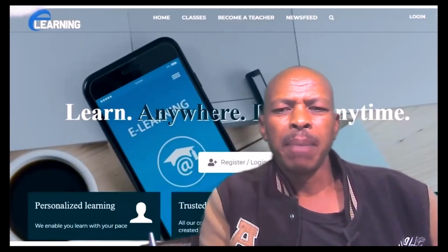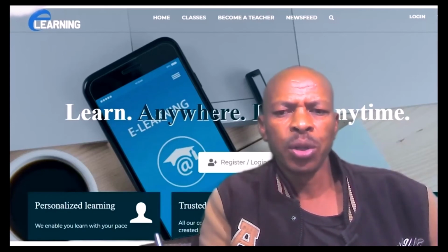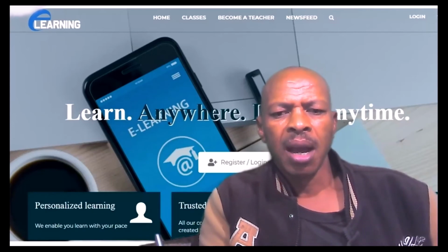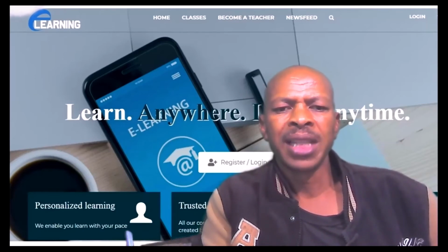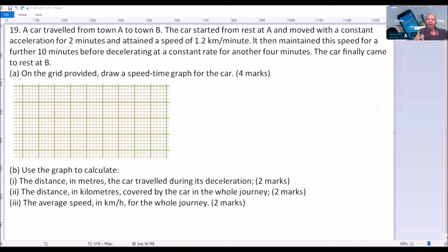So this is question number 19. This question is from the topic motion, which is a Form 2 topic, and we are going to look at how we go about it. The question says a car traveled from town A to town B. The car started from rest at A and moved with a constant acceleration for 2 minutes and attained a speed of 1.2 kilometers per minute.